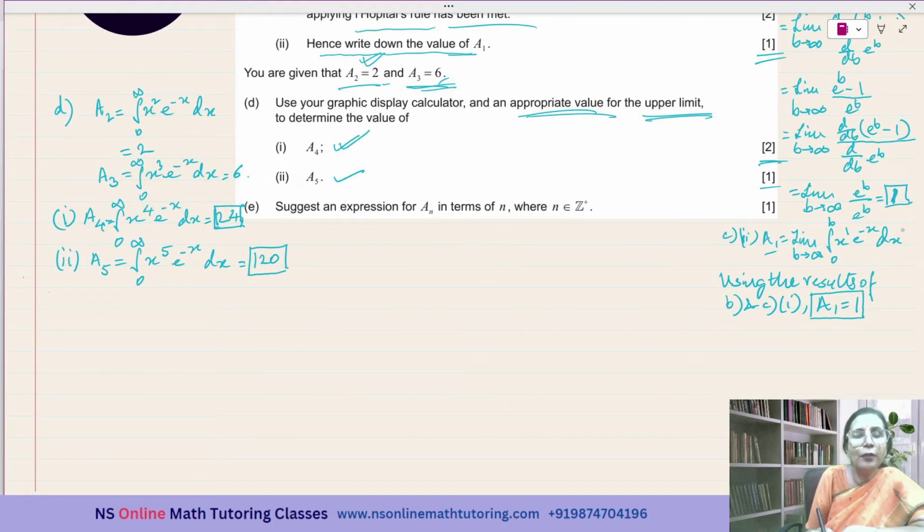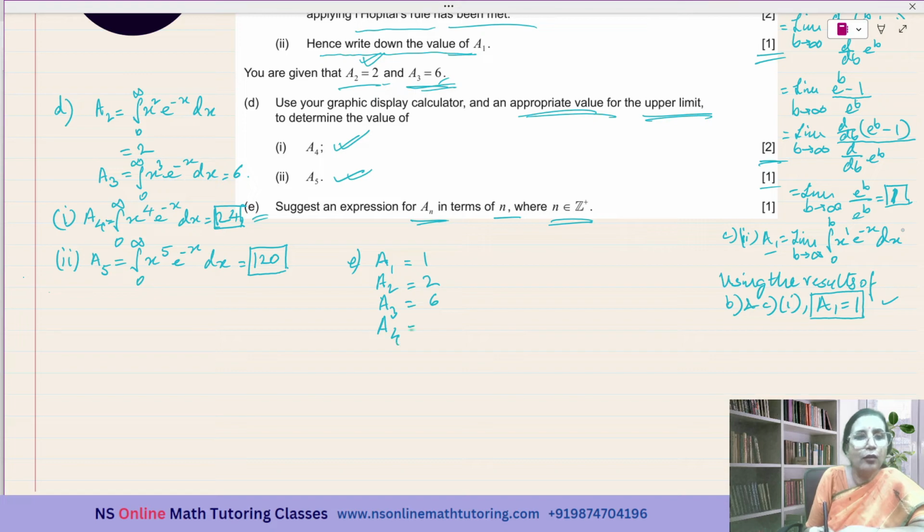So we have been given the values of A4 and A5, coming to subpart E. Suggest an expression for An in terms of n, where n belongs to the set of positive integers. Okay, so we know that A1 is equal to 1 from here. A2 is equal to 2. This one is the working for subpart E. A3 equal to 6.